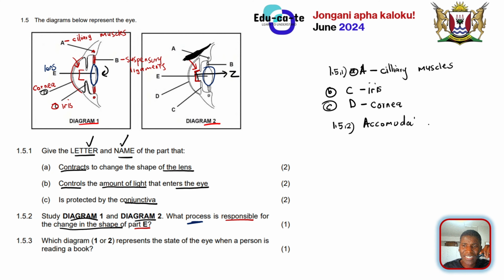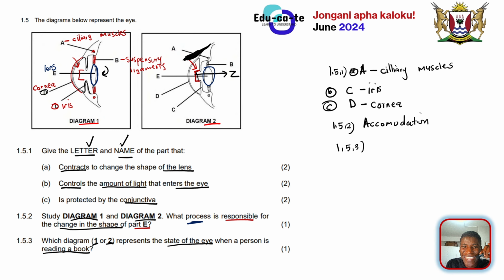And then now 1.5.3, the last question, it asks us which diagram, 1 or diagram 2, represents the state of the eye when a person is reading a book. For you to be able to read a book, the book needs to be closer to you.